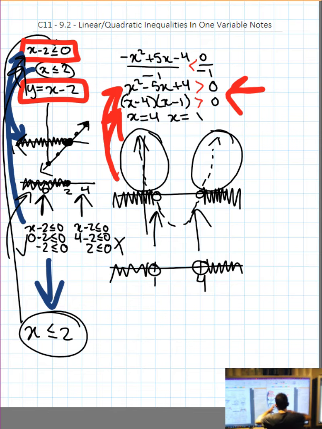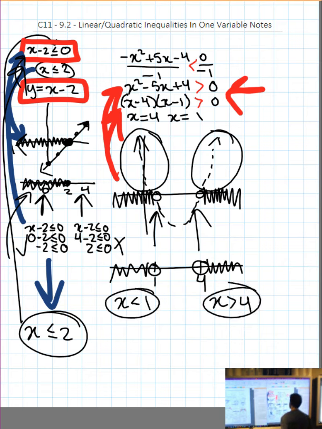We just introduced it to allow us to graph it to more easily find out what the solution was, rather than do all the crazy algebra down below. So we can just state what the domain of the shaded parts are near the locations of the shaded parts. So x is less than 1, circle it. X is greater than 4, circle it. Not equal to, because the question above is not equal to.